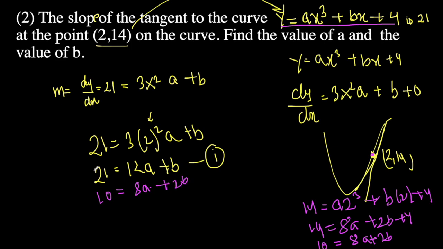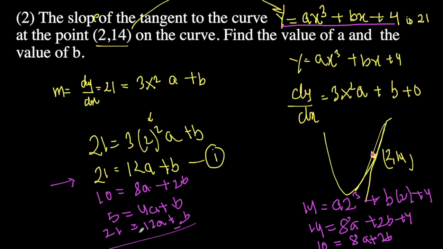Now divide this second equation by 2, so you will get 5 is equal to 4a plus b, and the first equation is 12a plus b. So subtract them.